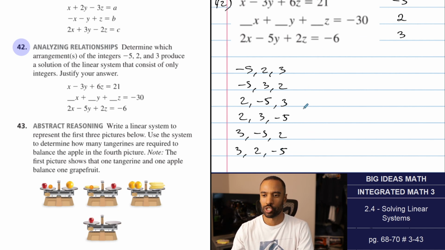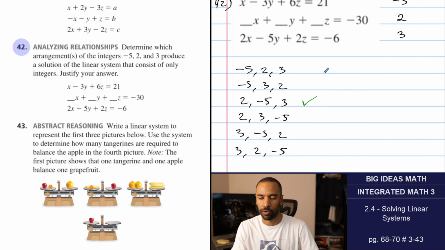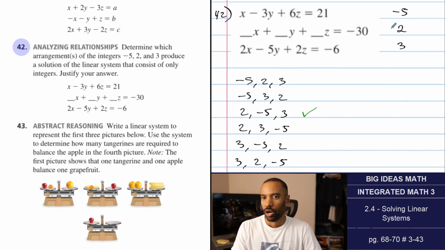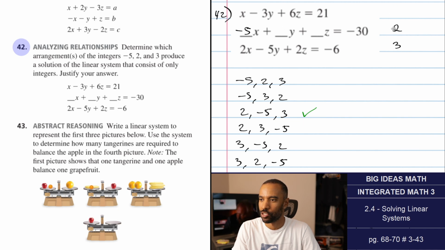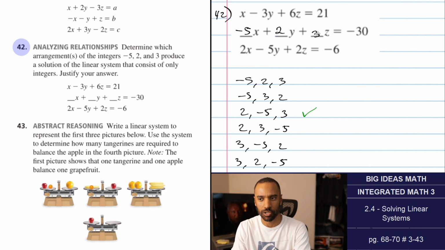Now I tried this one, 2, -5, 3, and it worked. Let's try -5, 2, and 3. Is this seriously how I'm supposed to do the problem? Is there something I don't know that I'm missing here?